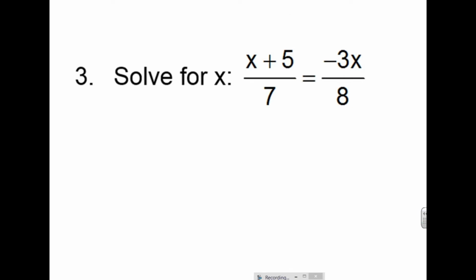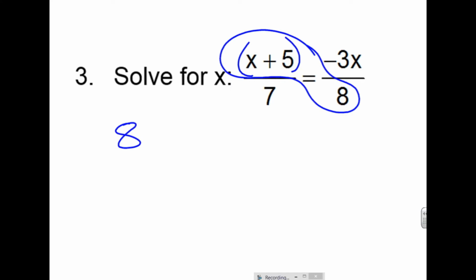Problem number 3 is slightly different because we have a 2-term expression with x plus 5. So I'm going to go ahead and put parentheses around that, because it reminds me what I'm supposed to do when I actually cross multiply. I cross multiply. You get 8 times the quantity x plus 5, and you get 7 times negative 3x.